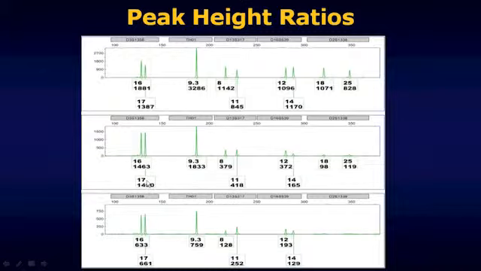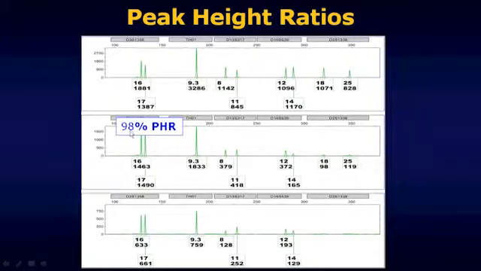A moment ago, I said that I wanted to start talking about peak height imbalance by drawing your attention to peak height balance. These peaks are pretty well balanced. How well balanced? Well, we can put a number on it. The number for their peak height ratio is pretty easy to obtain.